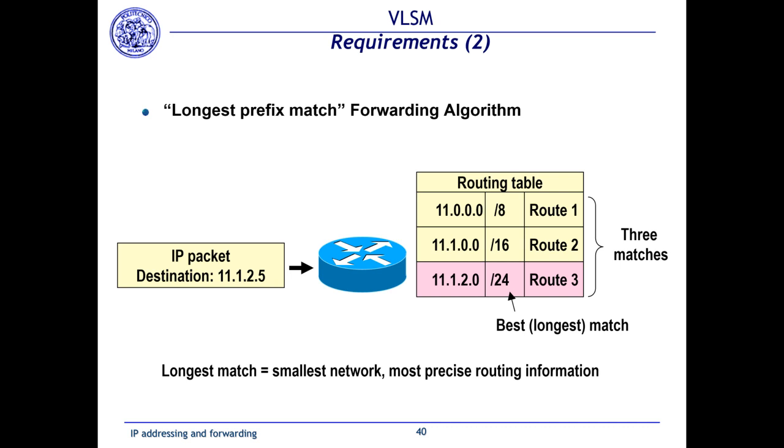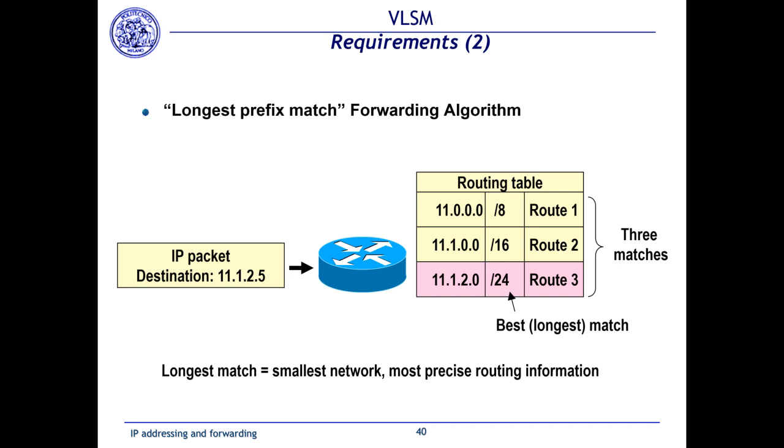But still, the order of magnitude of the complexity of this operation is proportional to the number of items. And the number of items in a routing table is really large, it can be even in the order of 10,000 or so. So by the techniques that we will describe later, the complexity is not linear anymore with the number of items, but can become different.